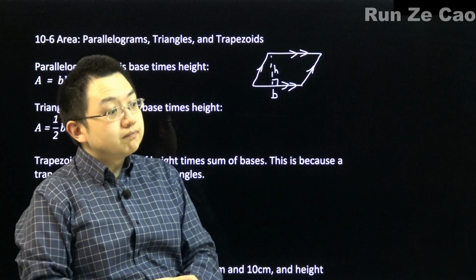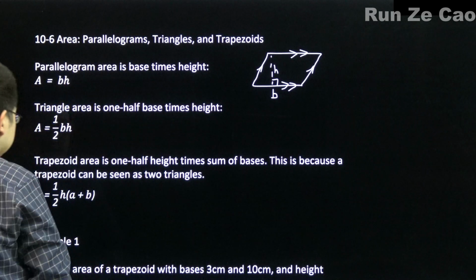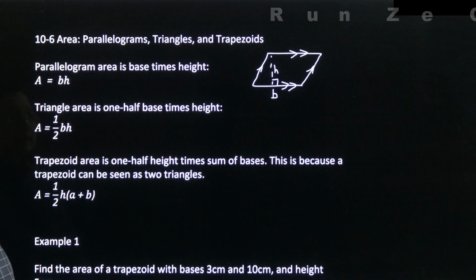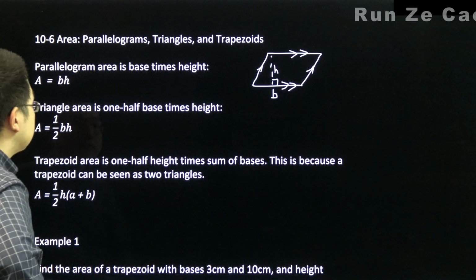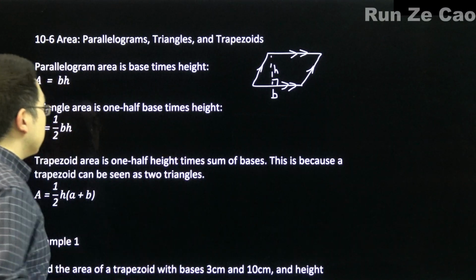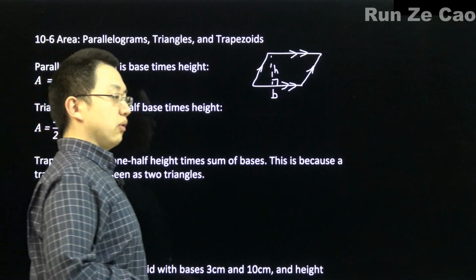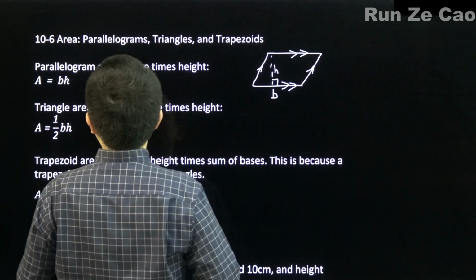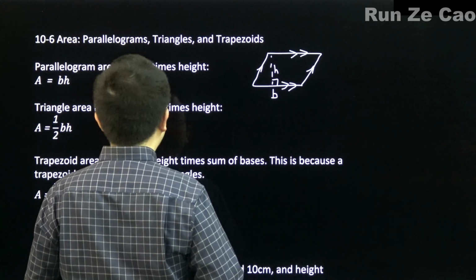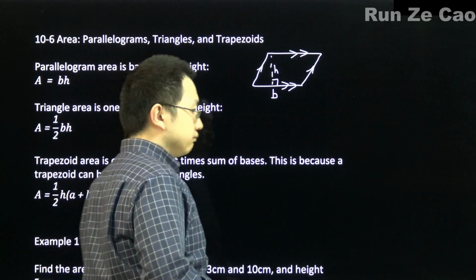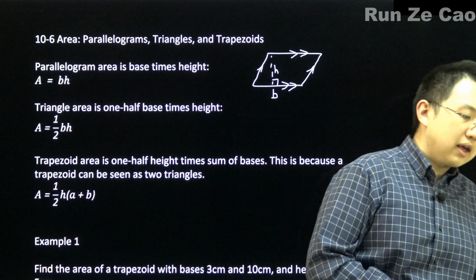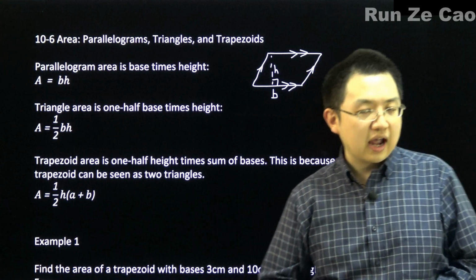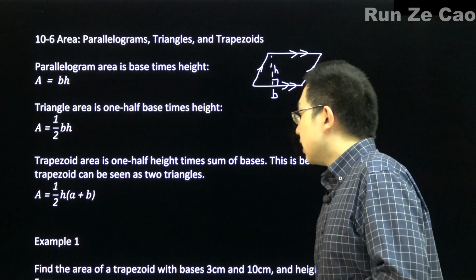No change. Yeah, okay, so what about a triangle? That is 1/2 the base times height. The specific proof is a bit more complicated and we won't bother with it here. So, what about a trapezoid? A trapezoid's area is 1/2 height times the sum of the bases.